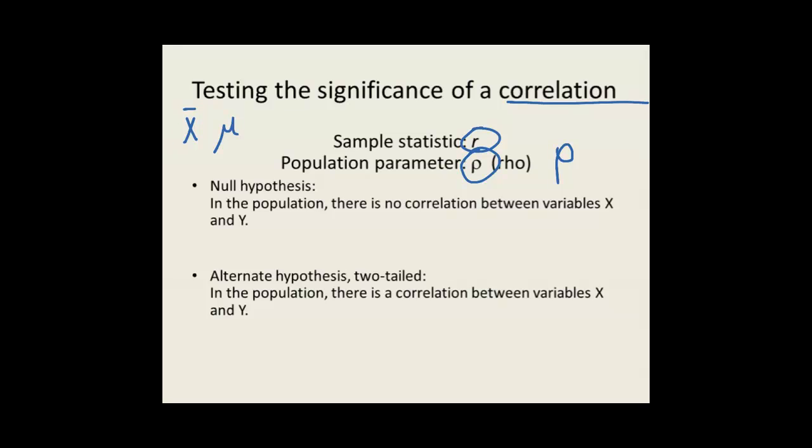So if we're testing a hypothesis for correlation, the idea is that we're curious as to whether there is a correlation or not. If there is, then you'll have some sort of value between negative and positive 1. Remembering that 1.00 is a perfect correlation, so negative 1.00 is as strongly negative as you can get, and positive 1.00 is as strongly positive.